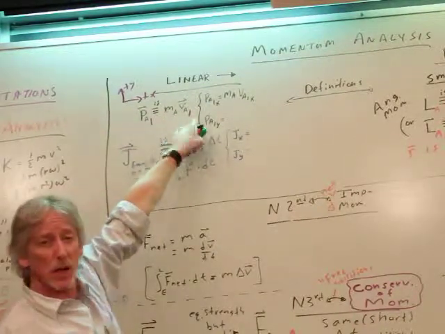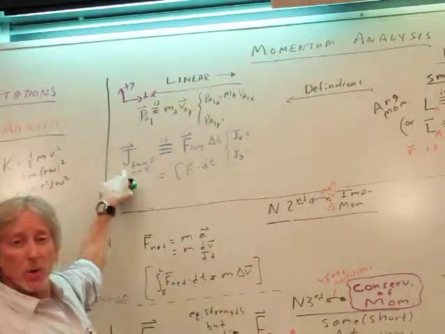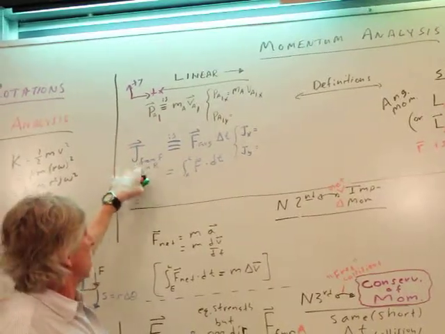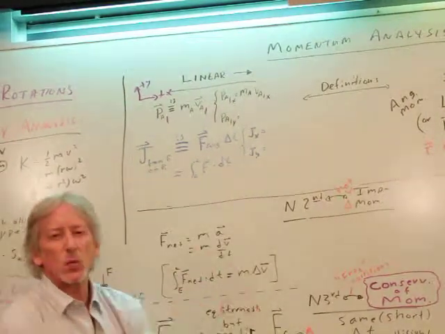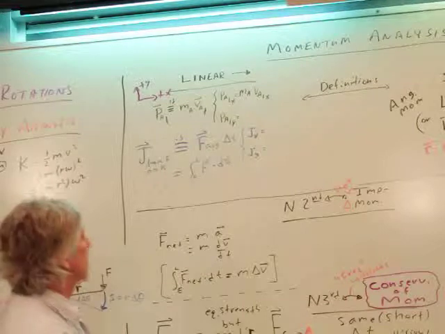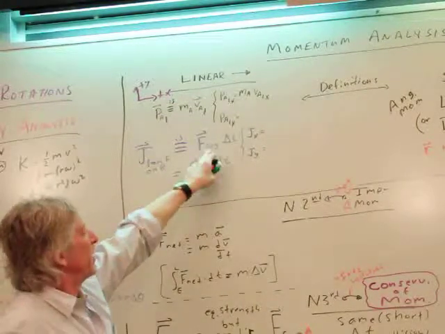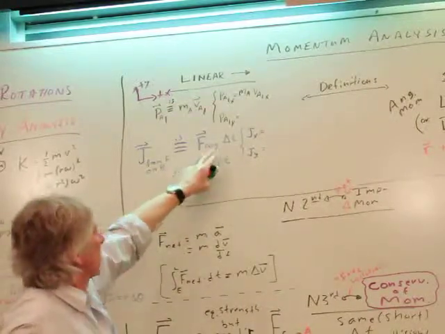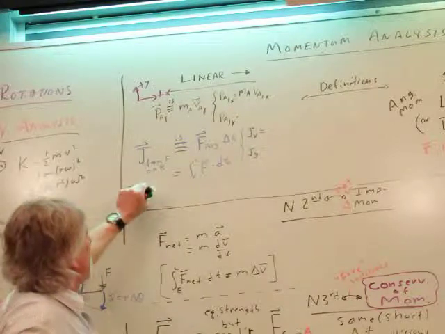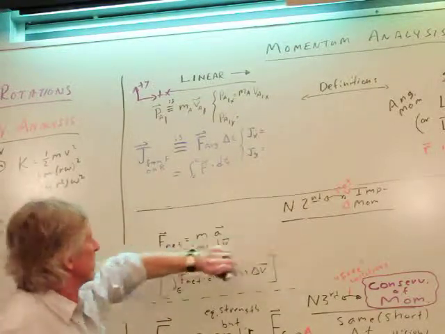Inertia times velocity. Impulse, that's what causes change in momentum. That's just, again, redefining it in terms of different terms here. Rather than talk about net force, I'm going to talk about the net impulse over here.